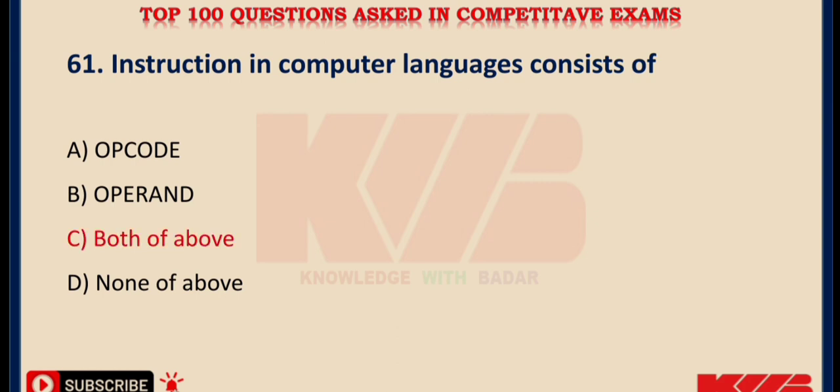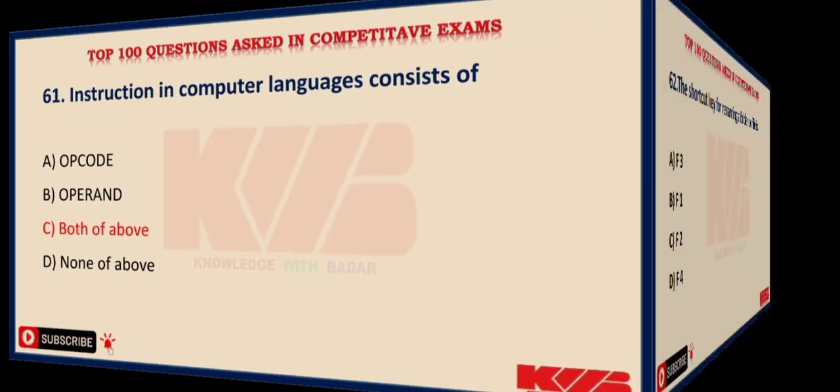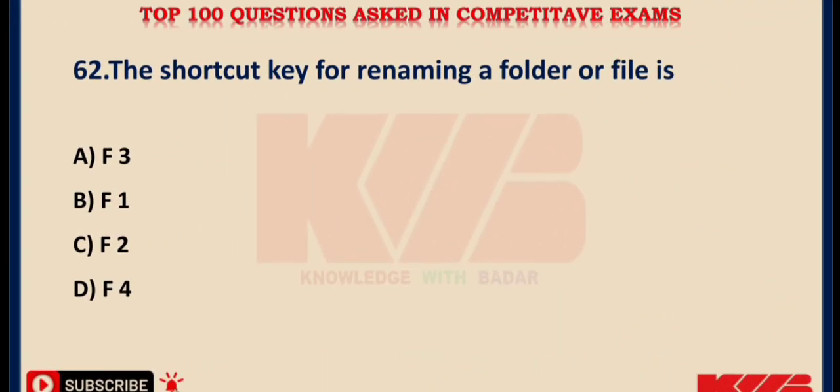Yes, it is both of the above. The shortcut key for renaming folder or a file is F3, F1, F2, or F4. And the shortcut key for renaming of a folder or a file is F4.